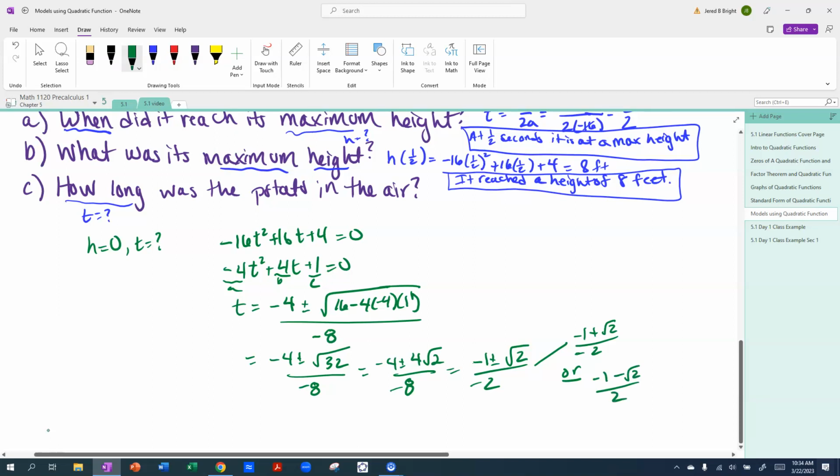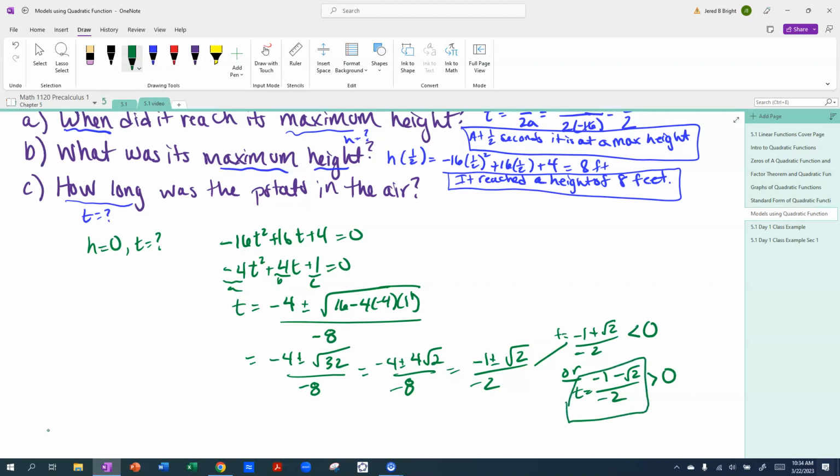And if you do the arithmetic, these are both t values. This one is going to be negative and this one is going to be positive. Okay, so this would be the time that we're looking for. So how long was it in the air?